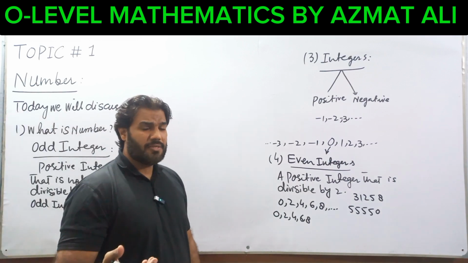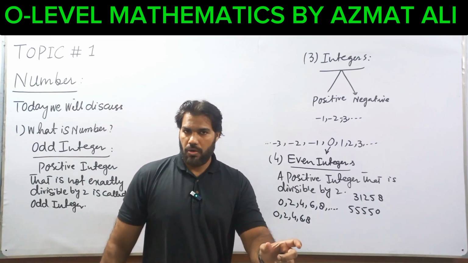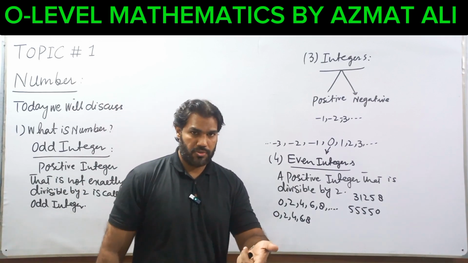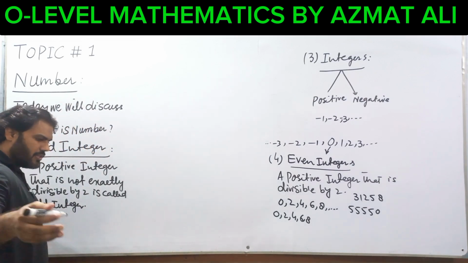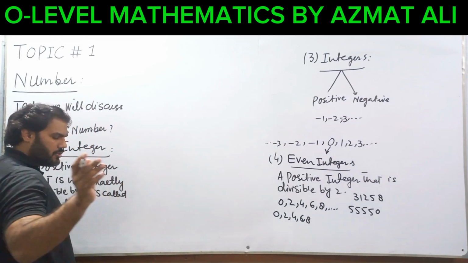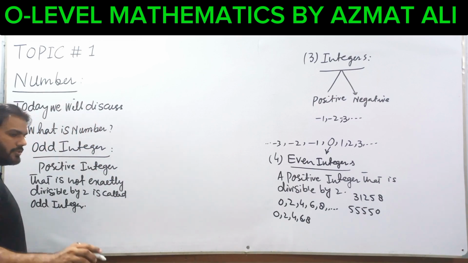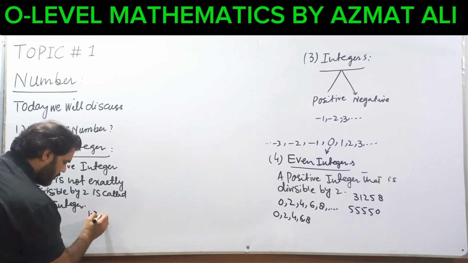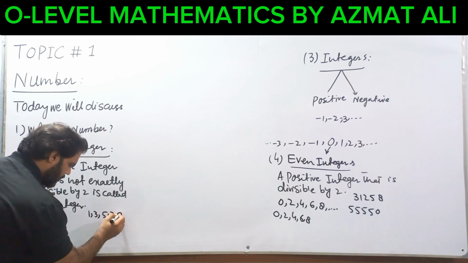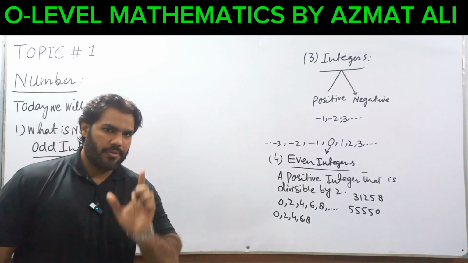There is a very simple way to check whether a number is odd or not. If the last digit of a number that consists of two or more digits is among 1, 3, 5, 7, 9, then that number will always be an odd number.